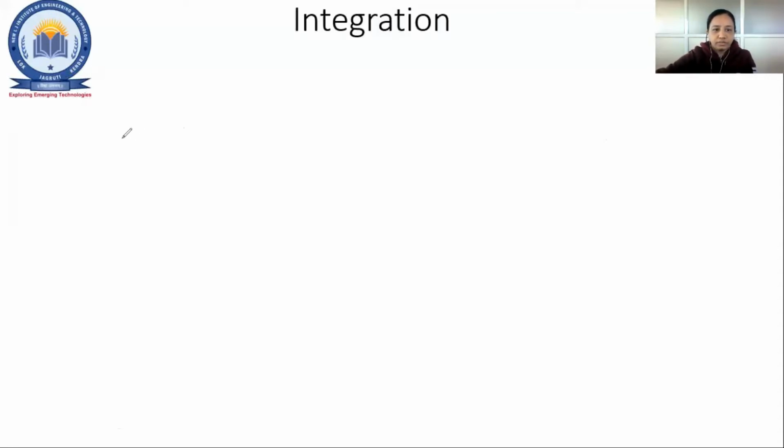Integration 1 upon x plus n, then we'll move to the PDF to solve some more examples from this. Integration 1 upon x plus n into x minus n dx. Just do it a little bit quickly.